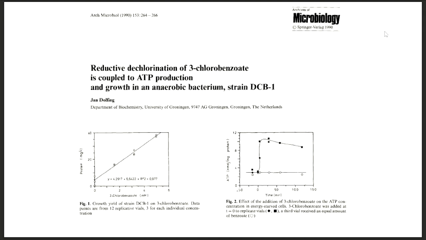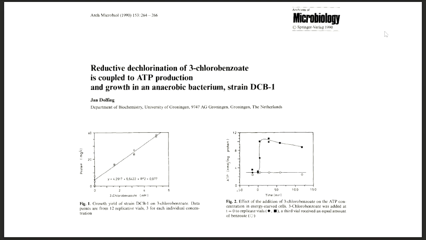But later someone else found which vitamins the organism needed, and when you grew the organism in pure culture with those vitamins and hydrogen and 3-chlorobenzoate, then it really grew on this reaction. So that's how we could show that the reductive dechlorination is a source of energy for microorganisms, or can be a source of energy for microorganisms.